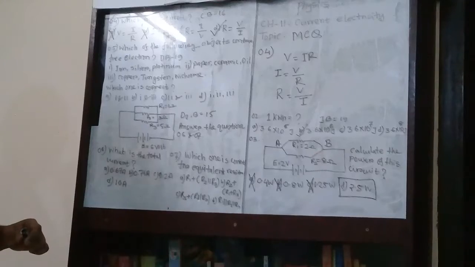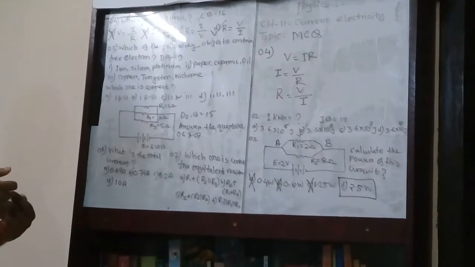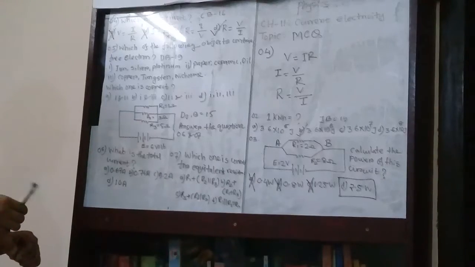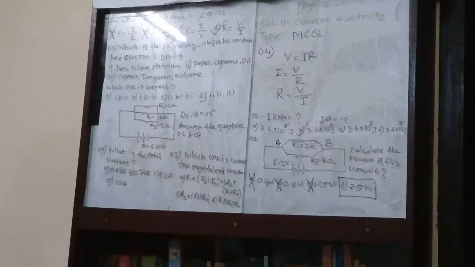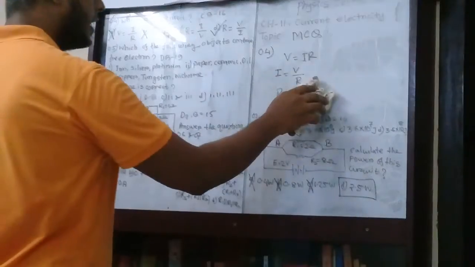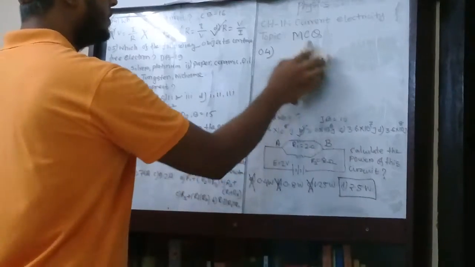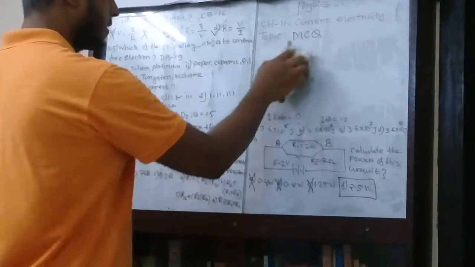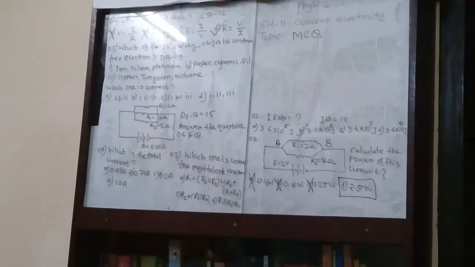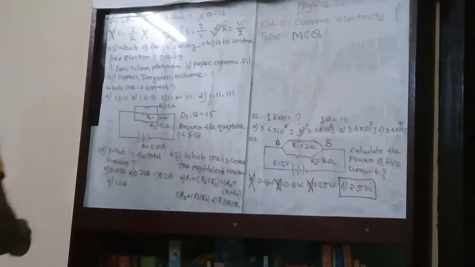This is a very nice question. And then question number 5. Before starting question number 5, I need to erase the answer of question number 4 to use this space. Now, question number 5.